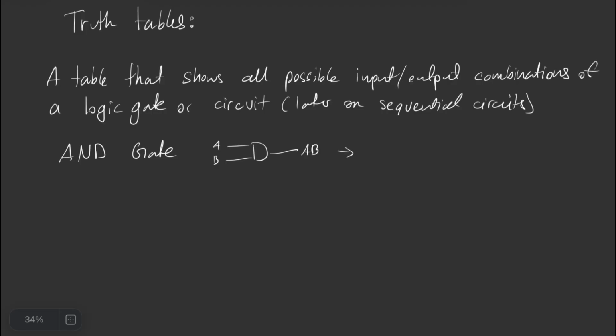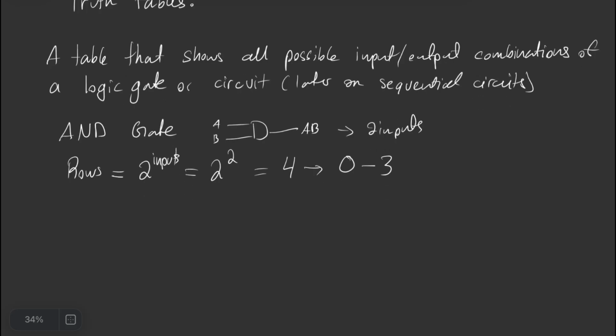We know an AND gate has two inputs. The rows of our truth table are going to be equal to 2 to the power of our inputs. So in the case of the AND gate, it's 2 to the 2 since there are two inputs. So we know there will be 4 rows, or 4 possible combinations, with numbers ordered 0 to 3.